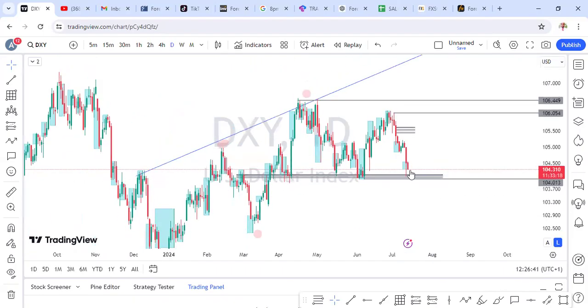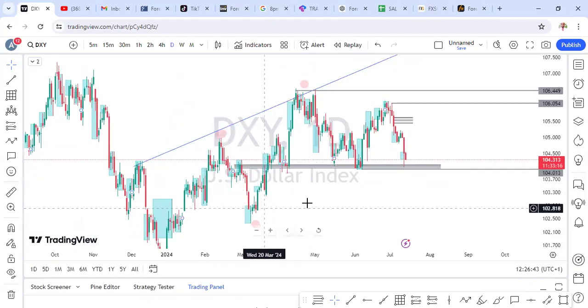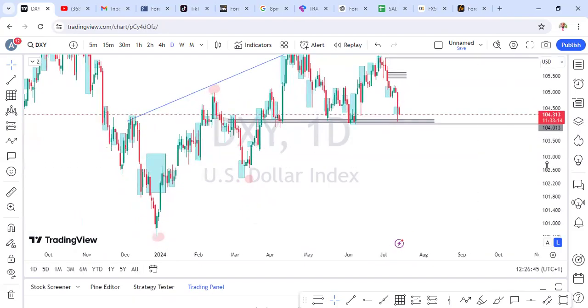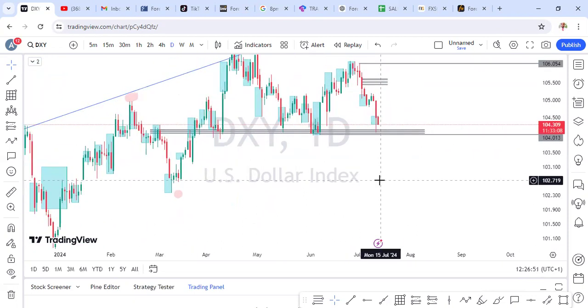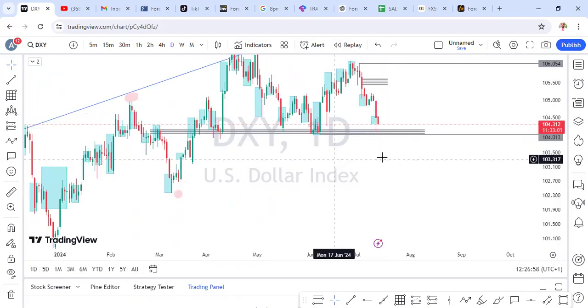With this action, it doesn't mean that we are totally bearish on the dollar, because as long as this place holds, anything can still happen until we have a daily close or weekly close below here.